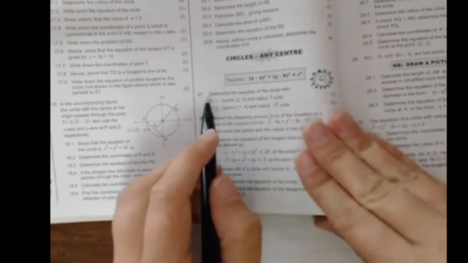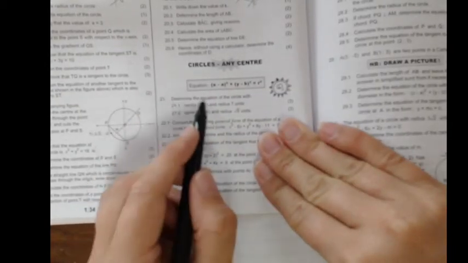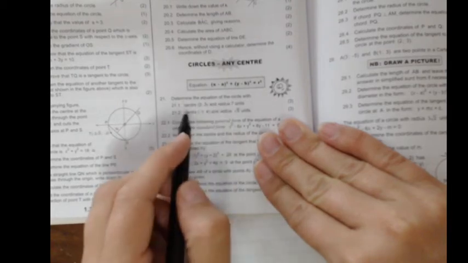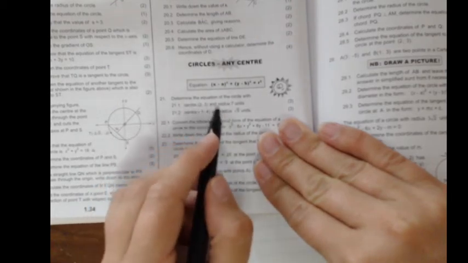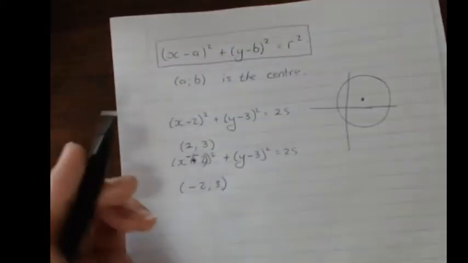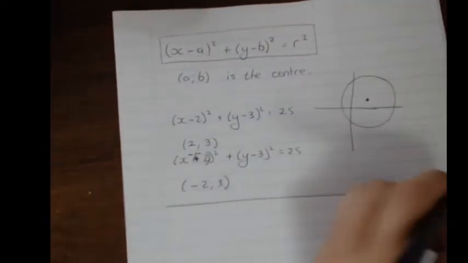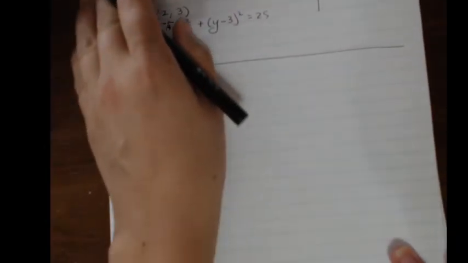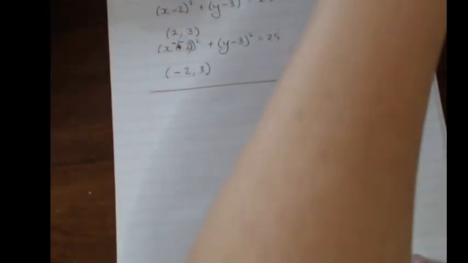So the first question here says, determine the equation of the circle with the center at (2, 3) and the radius of 7 units. Okay, so this is from the Answer Series, page 1.34, Circles at any center, that I'm doing the questions from.